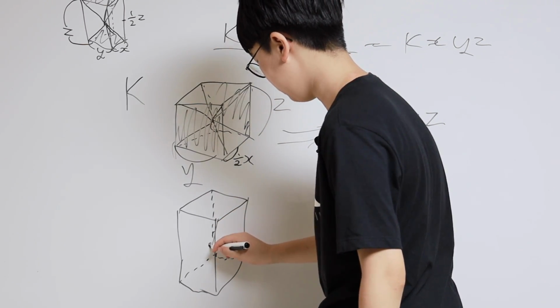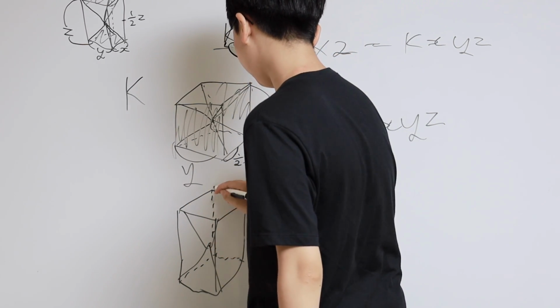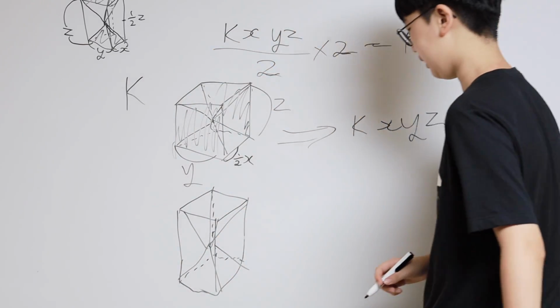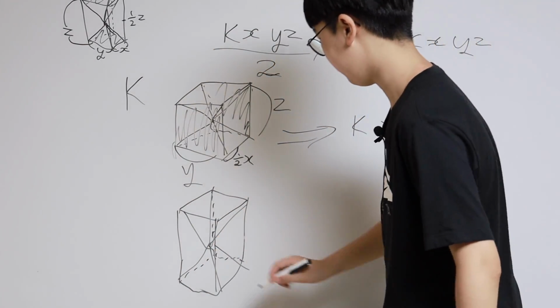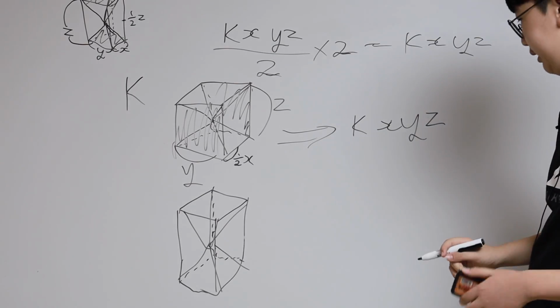Now again, I'm basically drawing the same lines, but we can think of 6 pyramids in it.